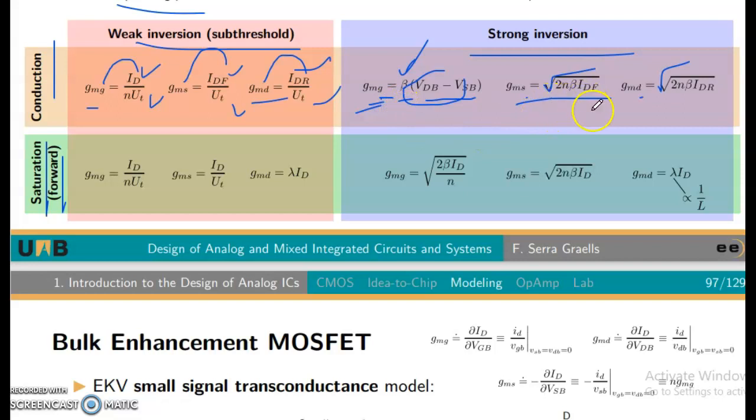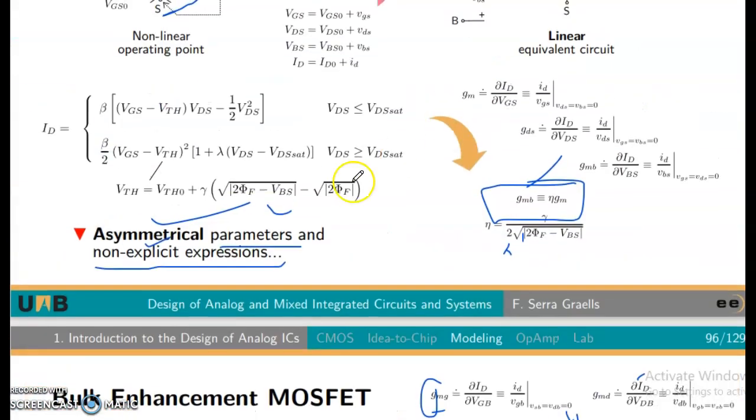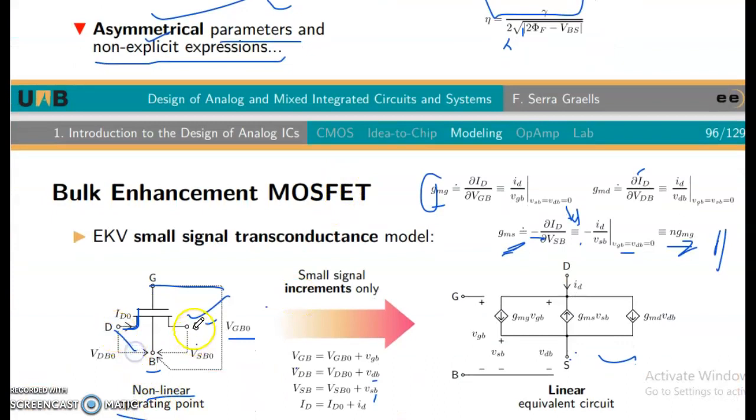The 2n beta is only for scaling purposes. The main difference in the gate is VDB minus VSB.